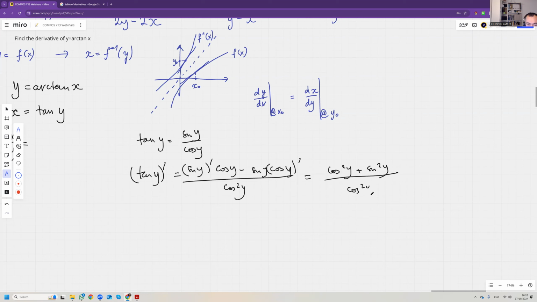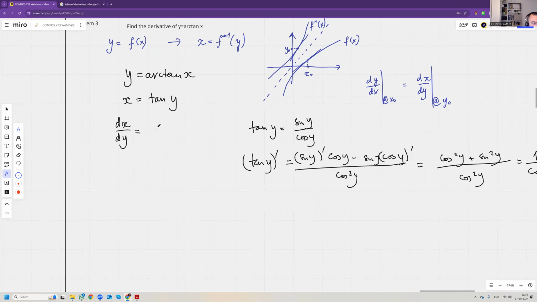This is 1 using the main trigonometric identity, so it's 1 over cos squared y.